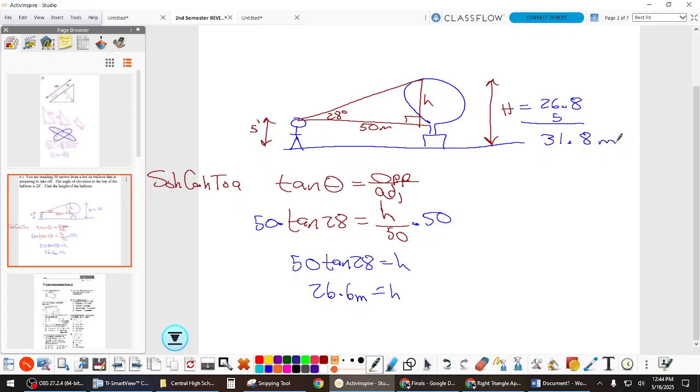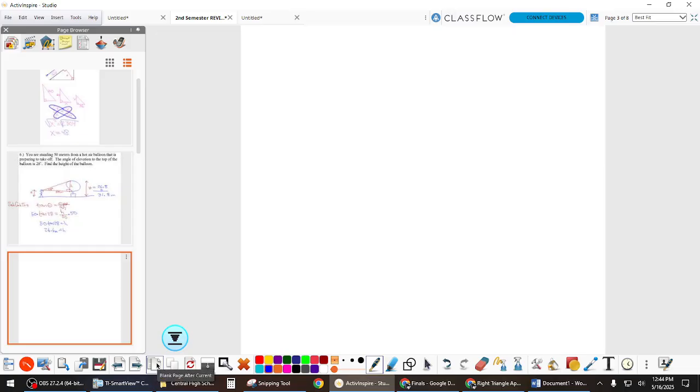So, let's talk about something we haven't done in quite a while. How would you solve for x in that triangle? In fact, why don't you find a spot and write this down?